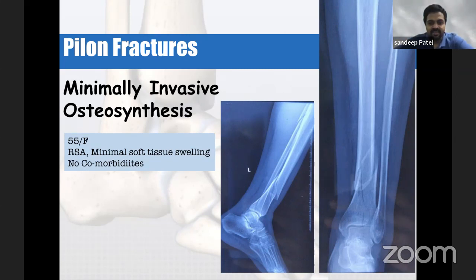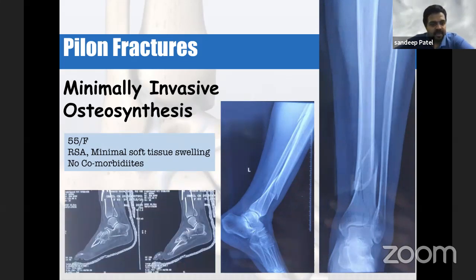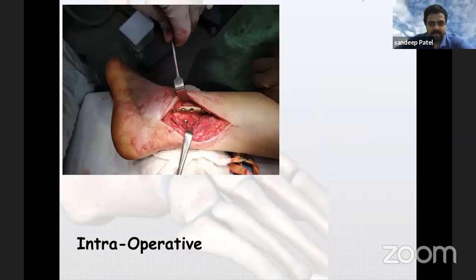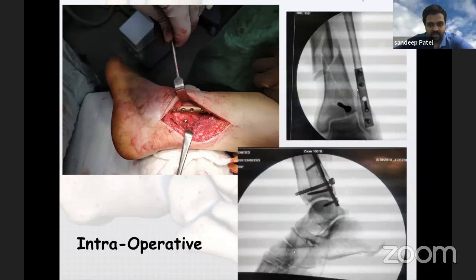We can see the spiral fracture pattern going all the way around to the tibial plafond. On the CT scan, you can see, however, there is a posterior malleolar fracture which is quite visible. The posterior malleolar fracture is not amenable for MIS. So we had to do an open reduction, plate the fibula, and with the same posterolateral approach, we fixed the posterior malleolus with a screw.